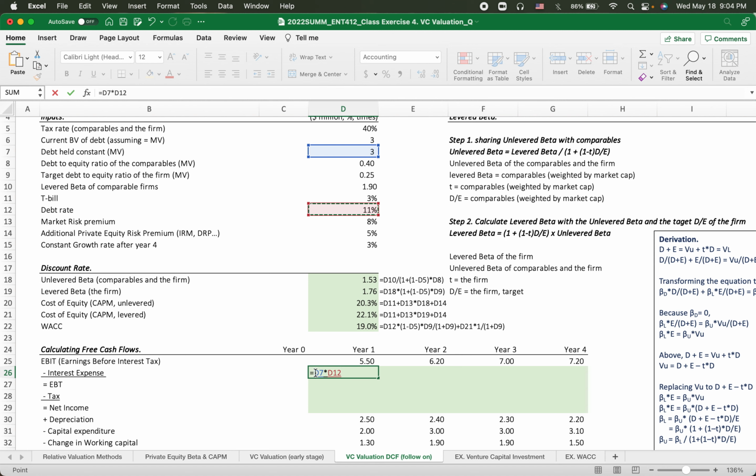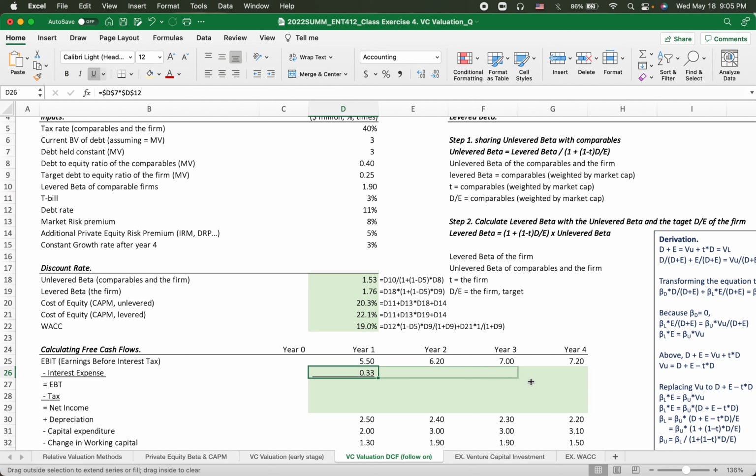But that amount must be fixed, right? With the dollar sign in each cell, because the interest expense is based on the debt held constant for the projected years, never change, right? So $330,000 is the interest expense.